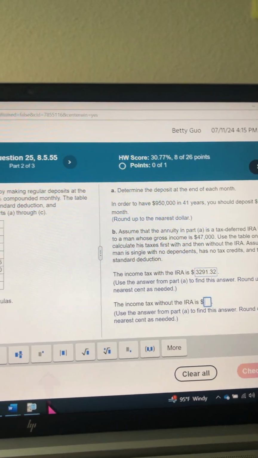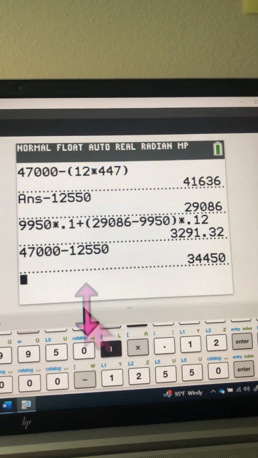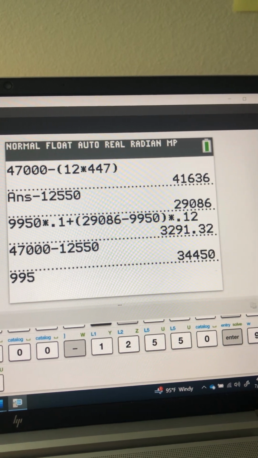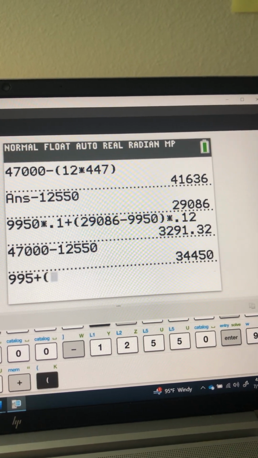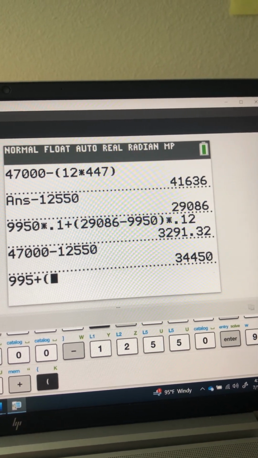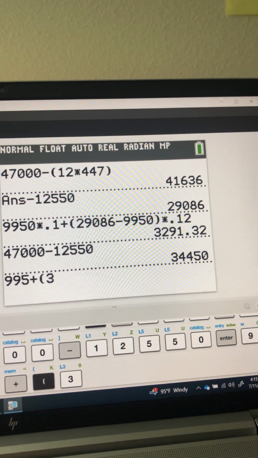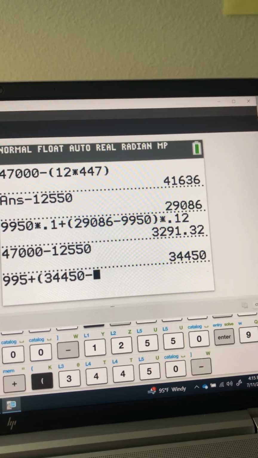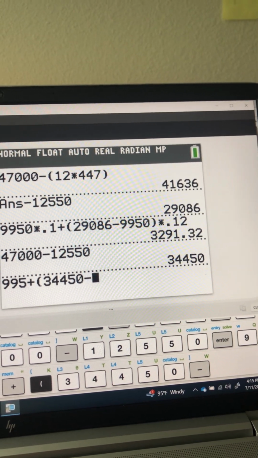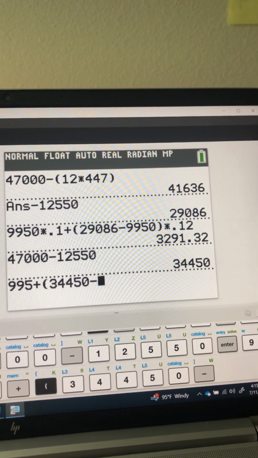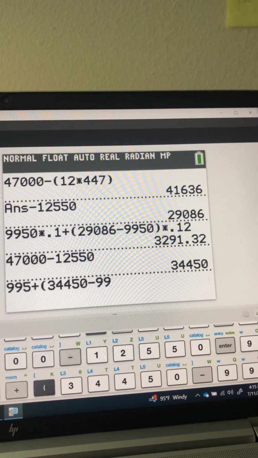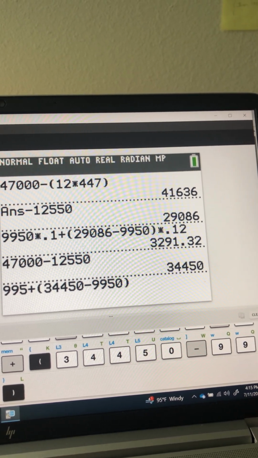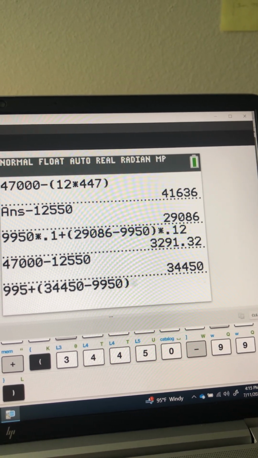So we're going to calculate this time using 995, plus the taxable income in this case, 34450 minus 9950, and multiply that by 0.12.